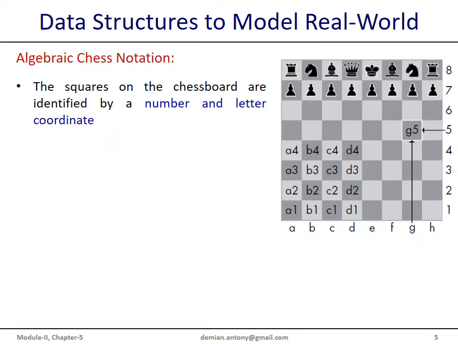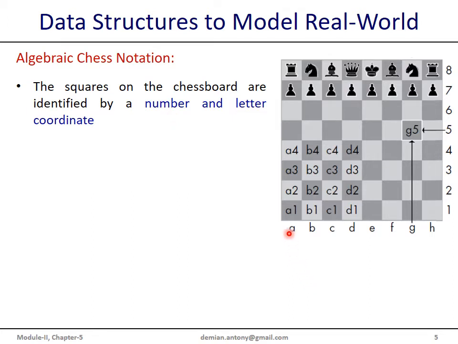Let us understand the algebraic chess notation which was used to describe the chess piece moves as well as to describe the chessboard structure. The squares on the chessboard are identified by a number and a letter coordinate.